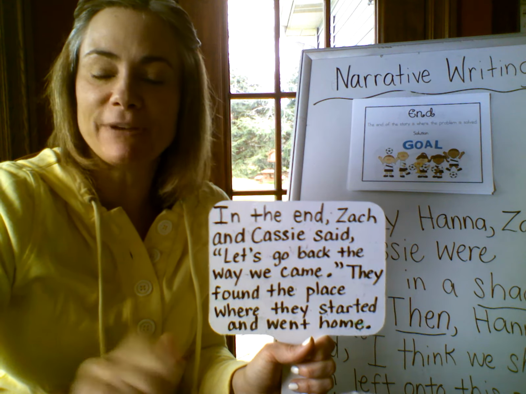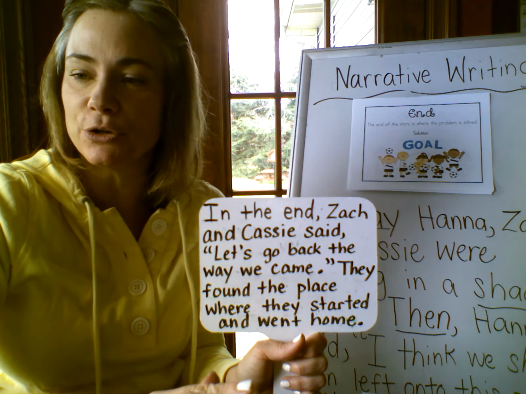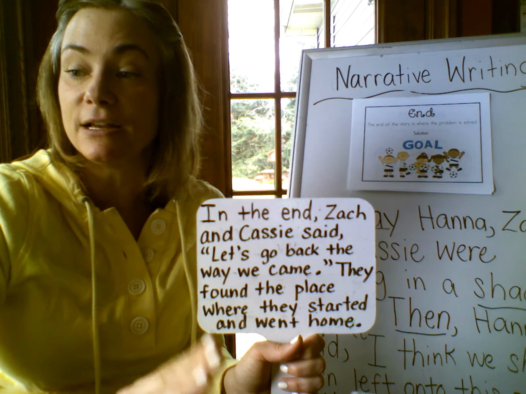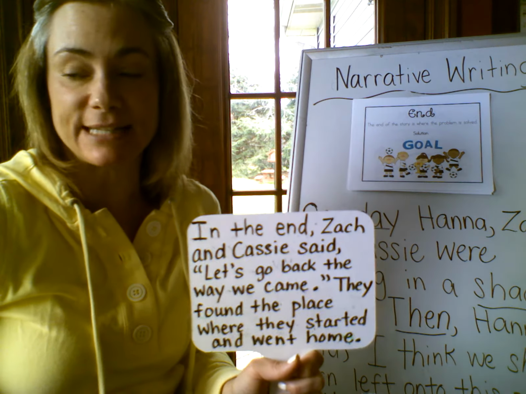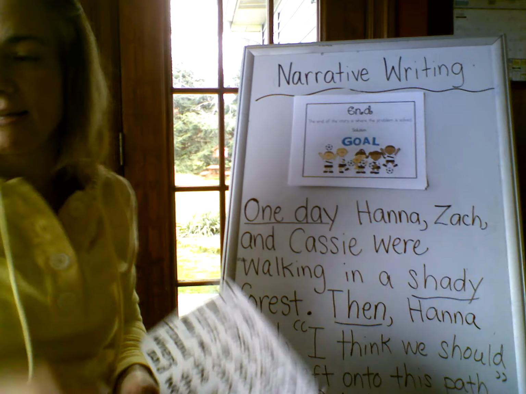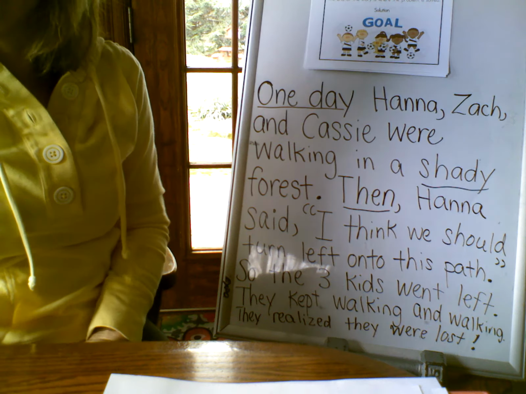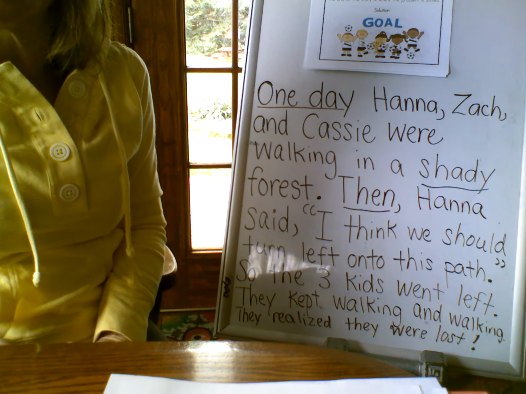Okay, so before we end our writing lesson today, I'm going to read my whole story like I would on Friday if I were presenting my story. Okay, so I'm going to go ahead and adjust it a little bit. Okay, there we go. One day, Hannah, Zach, and Cassie were walking in a shady forest.